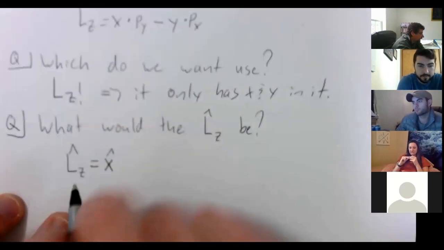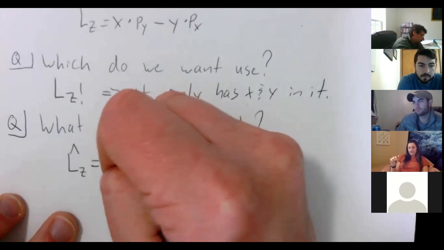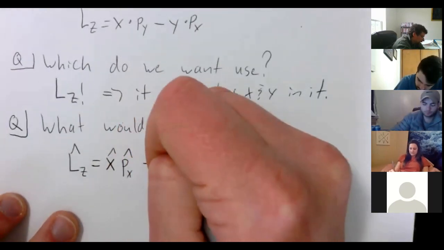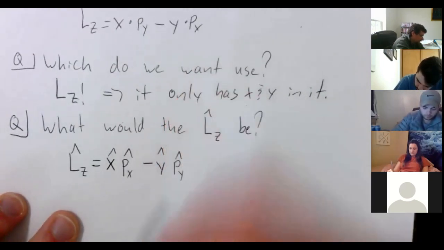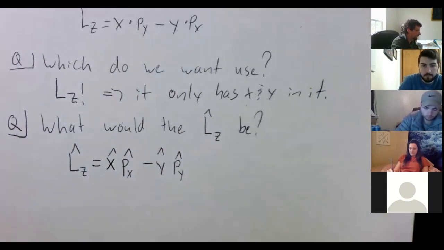I'll check it later. It's actually X hat PY hat minus Y hat PX hat. So it looks a little bit different than what we had previously written.